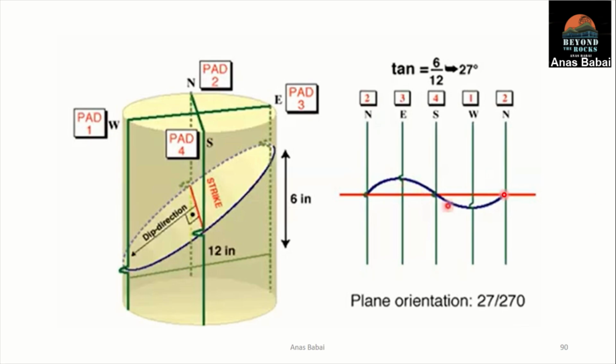we have pad 2, it's a little bit higher, and pad 3, it's even higher. This is pad 2, this is pad 3, it's higher than pad 2. And we have pad 4, which is at equal depth to pad 2. So we have pad 2 and pad 4, which are at 180 degrees to each other. 2 and 4 are at the same depth.